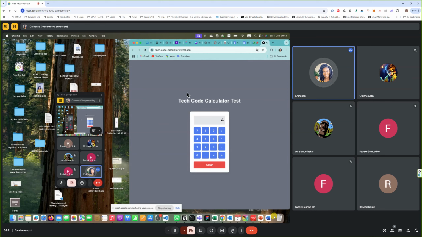So 2 plus 2 is 4. And I tested edge cases, like what happens when you do things that are outside the ordinary. For example, 6 divided by 0. I expect that the result will be an error or infinity. So it's infinity.